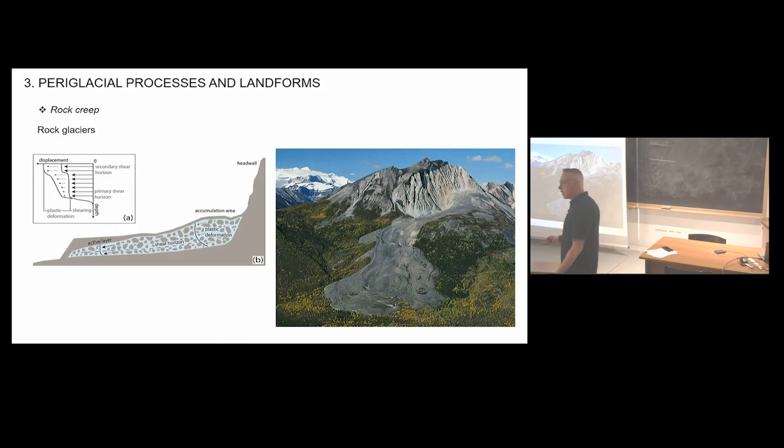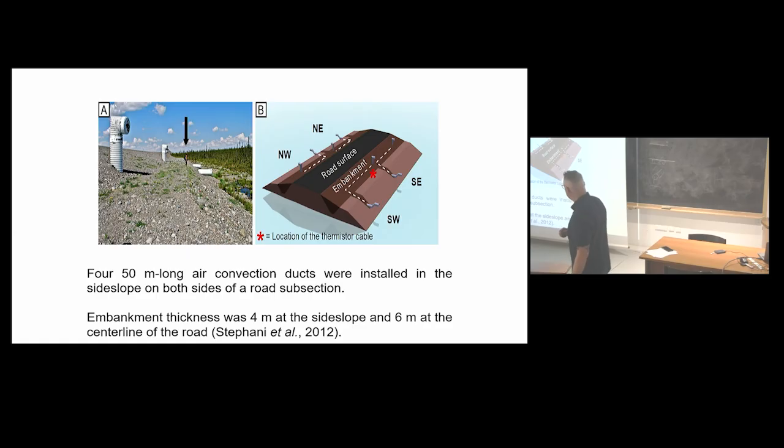Rock glaciers, you have cold air going into the interstice, the voids in the ground, and you form ice there. And then you have these rock glaciers flowing even into forests like that. So we mimic that, and we created a technique where we put big pipes in the road embankment, and we create natural convection by chimney effects.